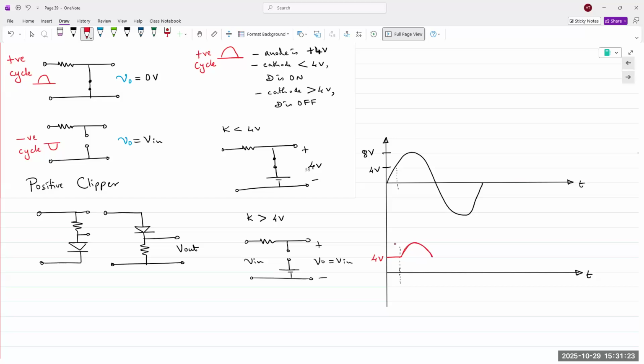V out simply follows V in, because that's the point where V in again goes below 0. So now that you know this, when V in goes below 0, output again is battery. And so all the way up to here is the result of our positive half cycle.